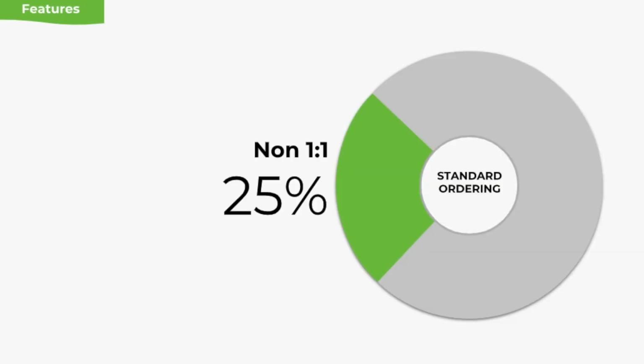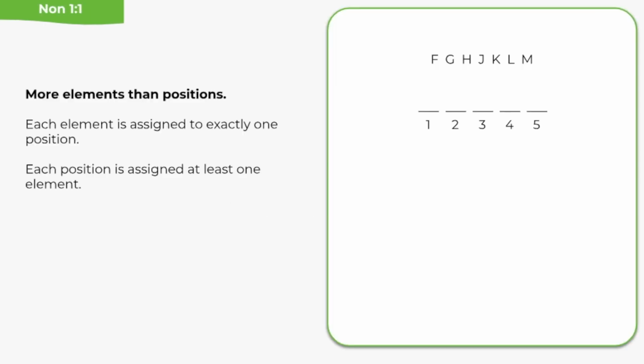Another common feature is non-one-to-one games, games where you have an uneven number of players to position. 25% of standard ordering games involve this particular feature, so it's an important one to master. And there's a few ways in which it can play out in a standard ordering game. So one way is where you have more elements than positions. So each element is assigned to exactly one position, and each position is assigned to at least one element.